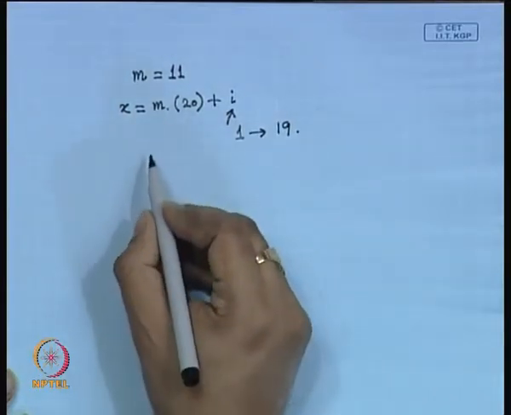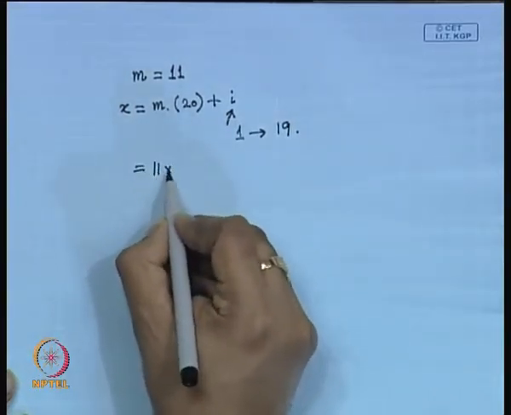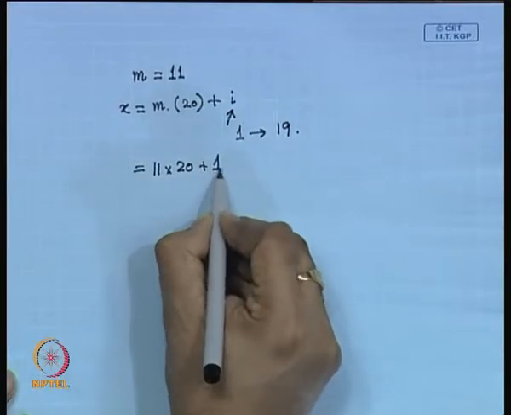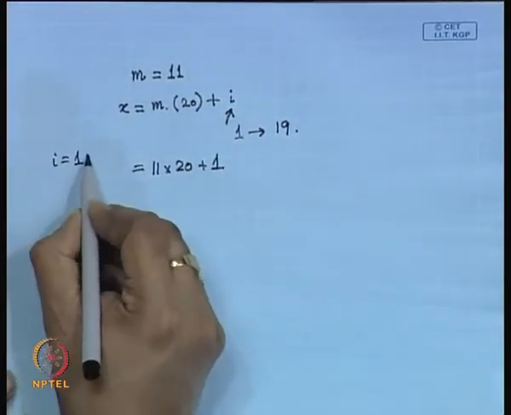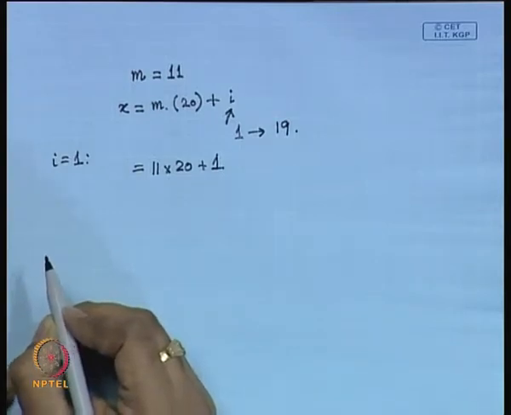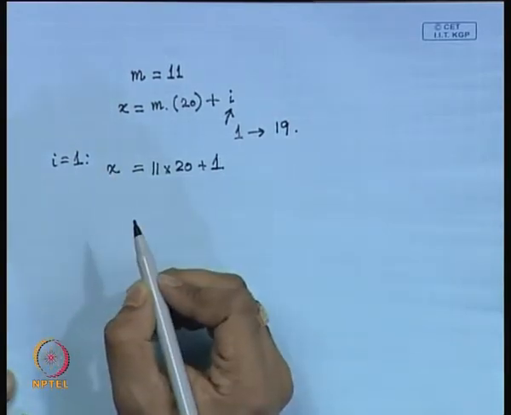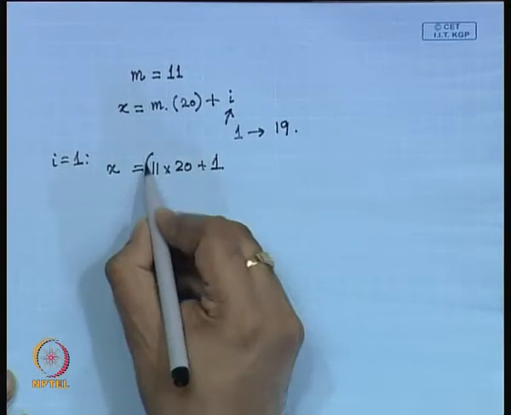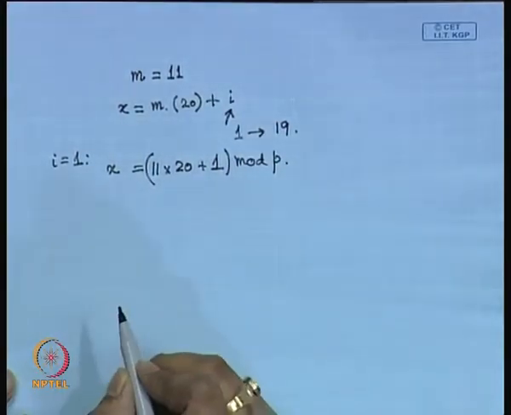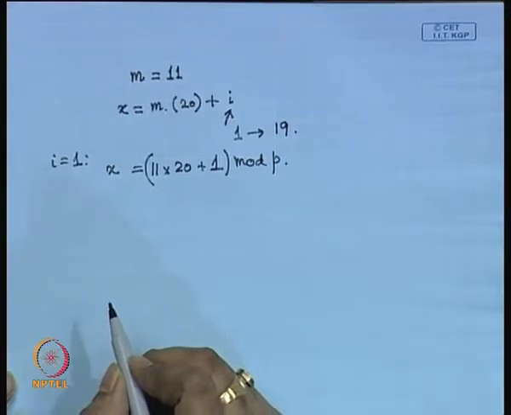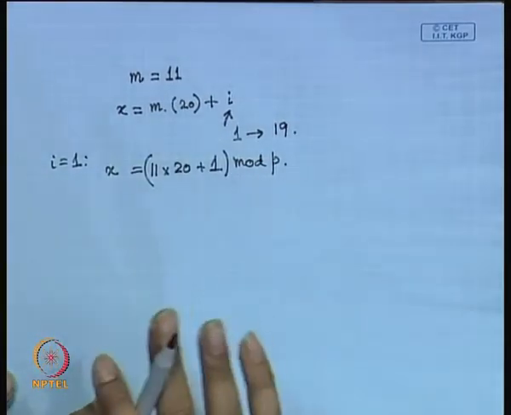For example, in this case it is 11 into 20 plus 1 to begin with, when I is equal to 1, in the first iteration. You get a corresponding value of x. Remember that you are always doing a modulo p operation, so there is some p on which you are doing modulo p. Let it be some value essentially.